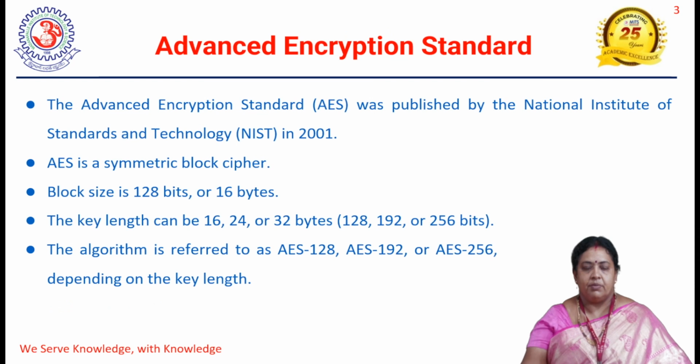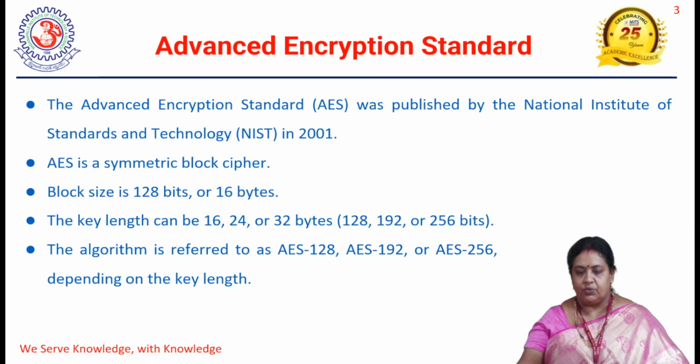So, coming to this Advanced Encryption Standard, which we call AES, this AES is a symmetric block cipher. This AES algorithm has been published by the National Institute of Standards and Technology (NIST) in 2001.